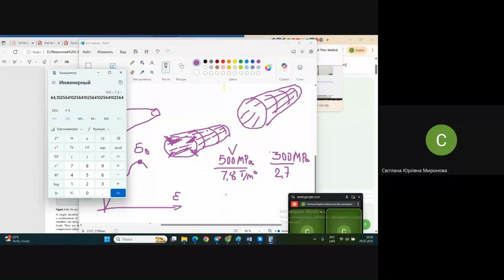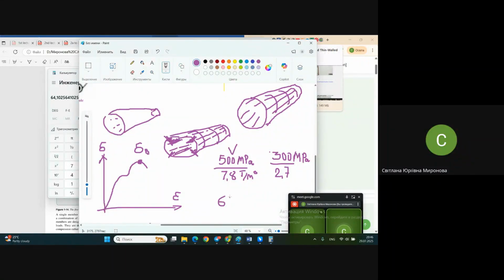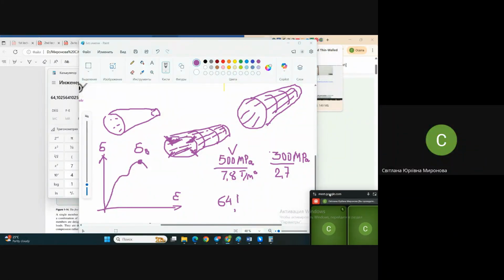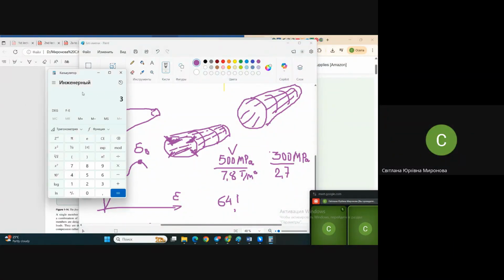46.1. Some conditional strength of this material, 46.1. And now let's try to do the same for aluminum alloy. 300 divided by 2.7. What a bad surprise.